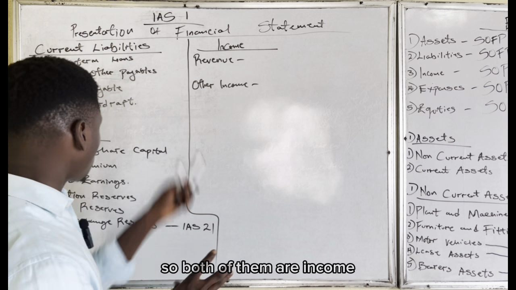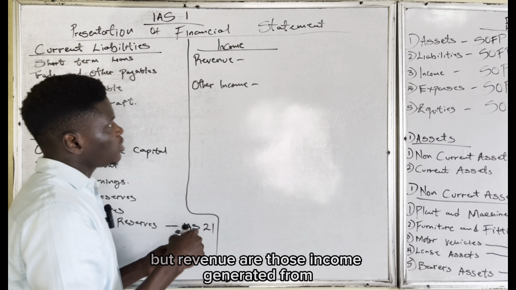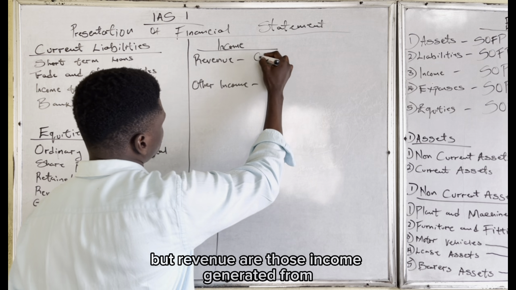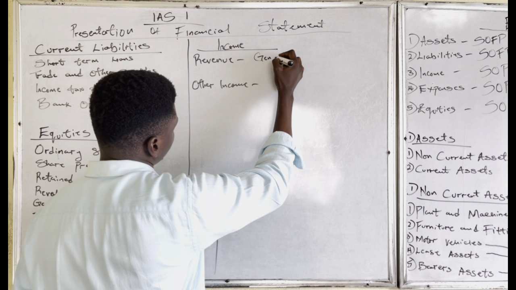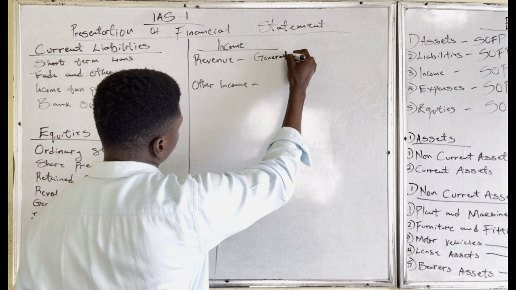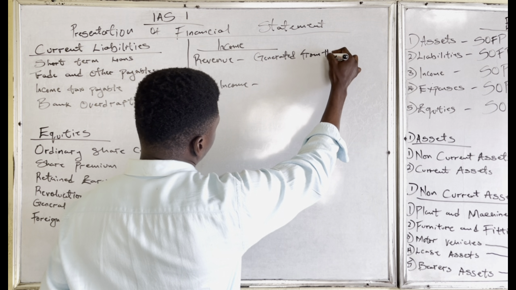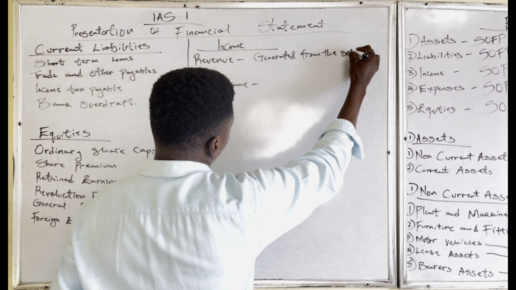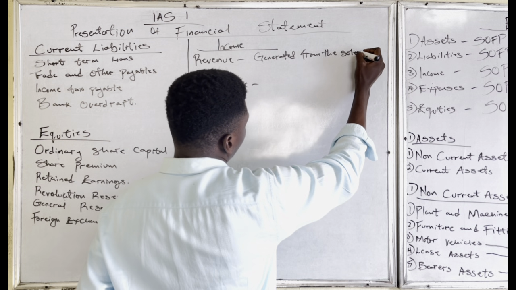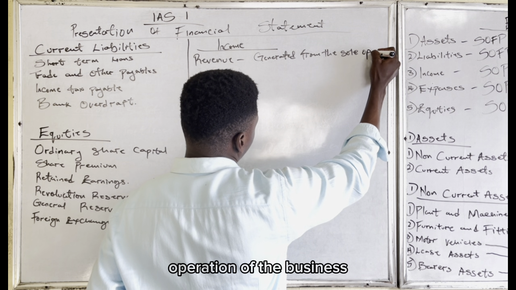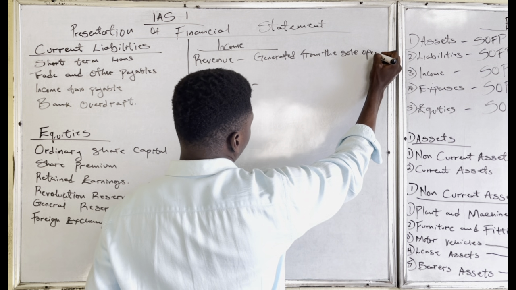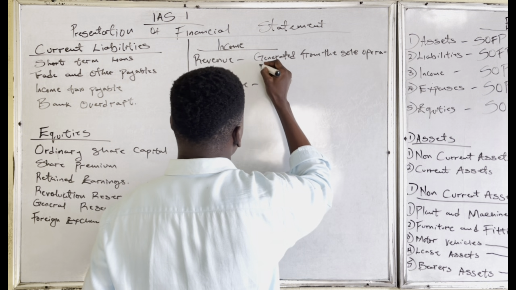So both of them are income, but revenue are those income generated from the sole operation of the business. Let me write it in full.